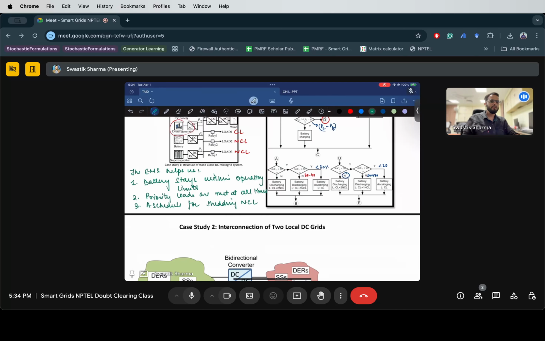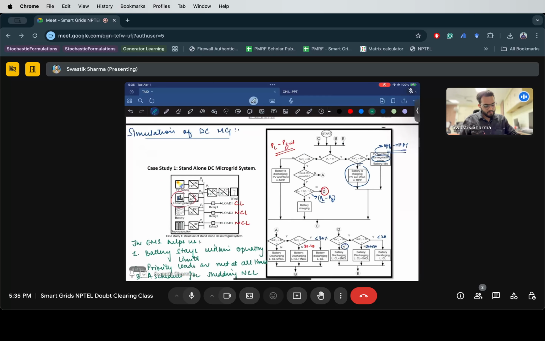So we have a schedule to check when and how the non-critical loads are scheduled. And that is what an EMS does. We have discussed this a lot of times in our lectures before, and I hope you remember all of that.